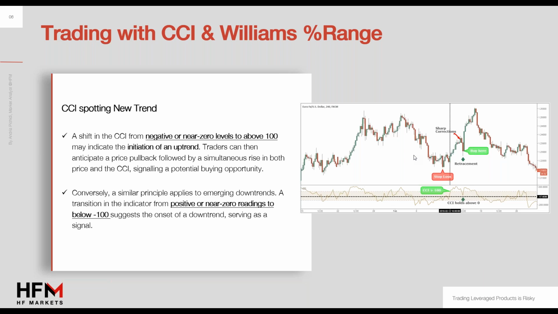On the flip side, a downtrend emerges if we see the indicator turning from positive or near zero to below -100. That suggests the onset of a downtrend, and it can obviously be used as a potential selling signal, a potential bearish signal.